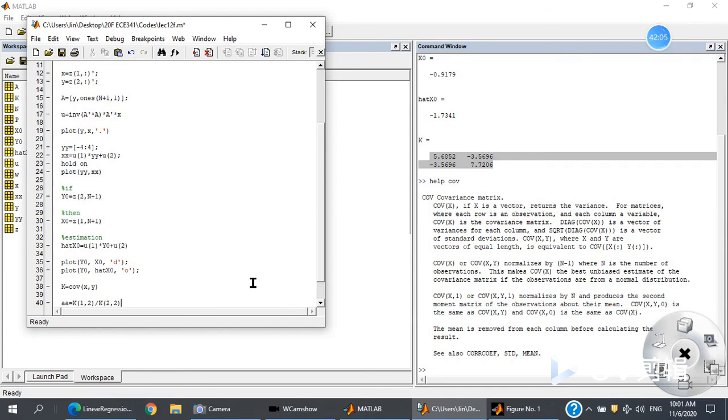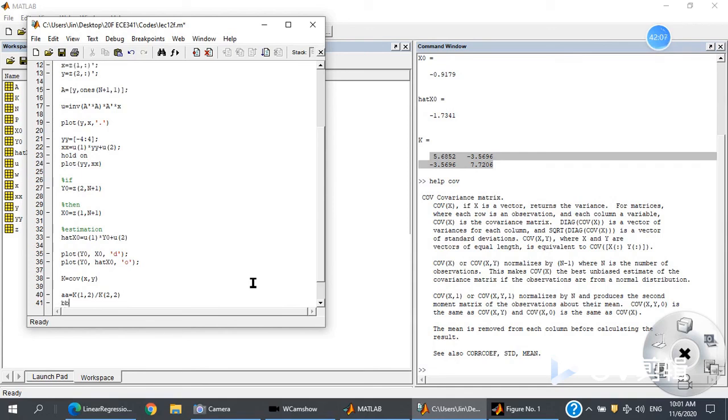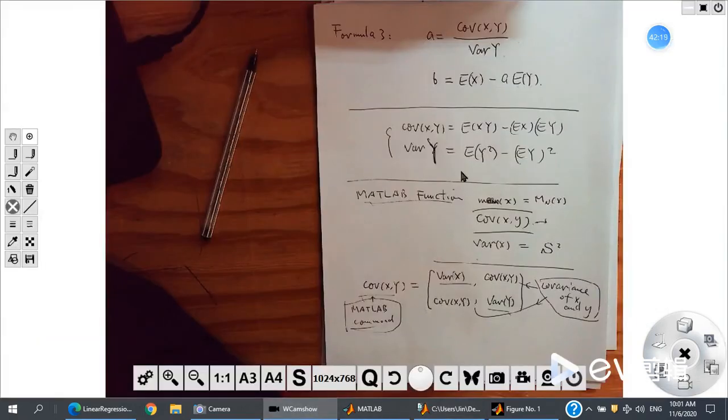Alright, this is A. And B will be mean of x minus A times mean of y.